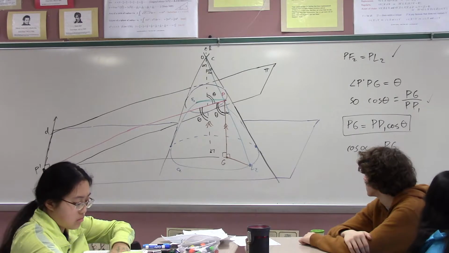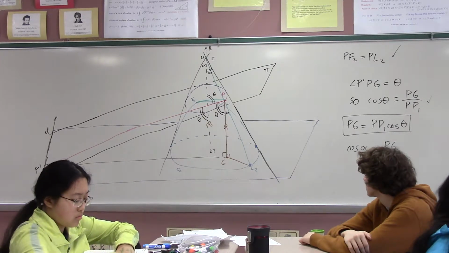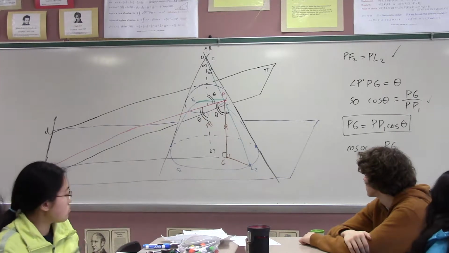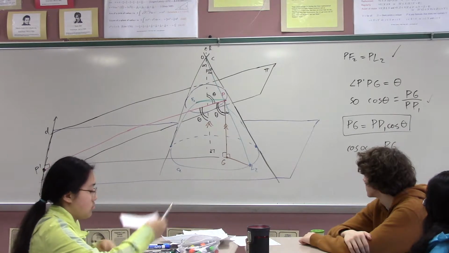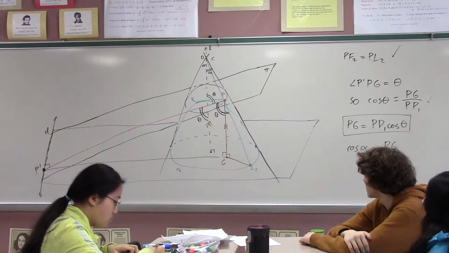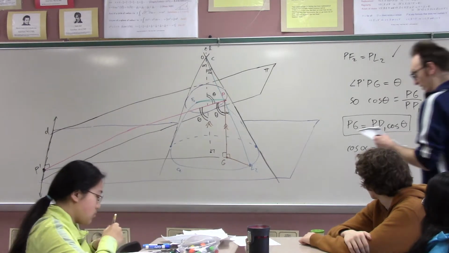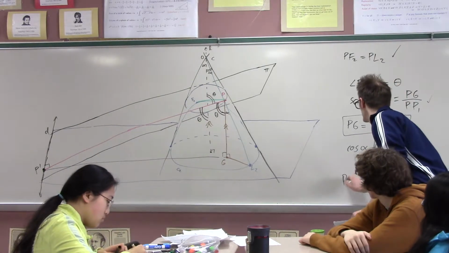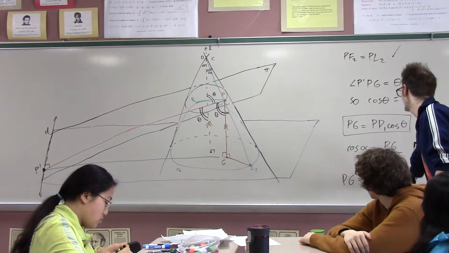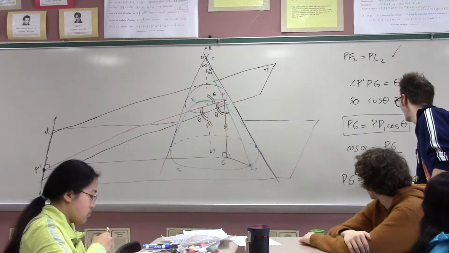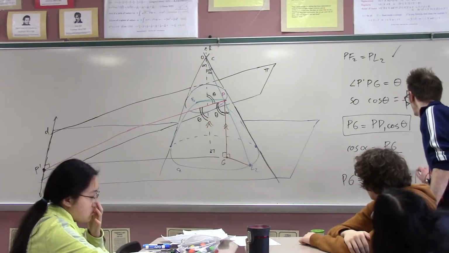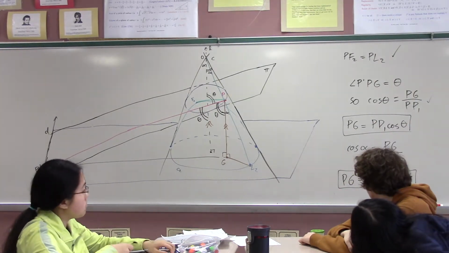Why is that true? That's totally true, looking at that little brown triangle, cosine alpha is PG over PL2. So in other words, PG is also equal to PL2 cosine alpha.